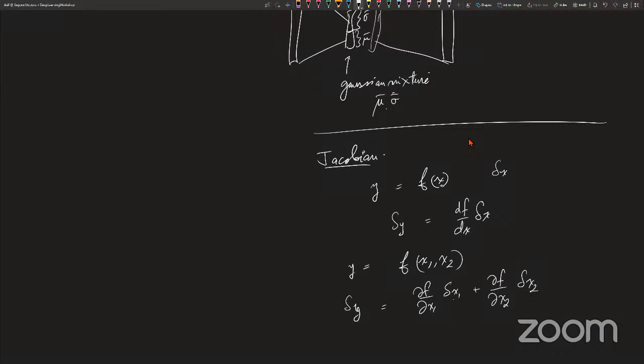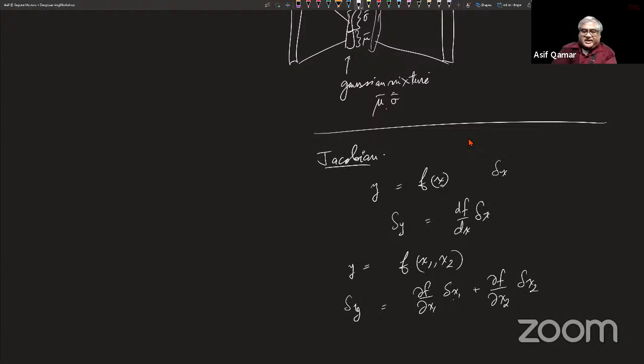Right. And now let's make y into a vector. So suppose there is y1, y2. So now you have delta y1 is equal to df. Now we can think of y1 as y1 is equal to f(x1, x2), and y2 is some other function.